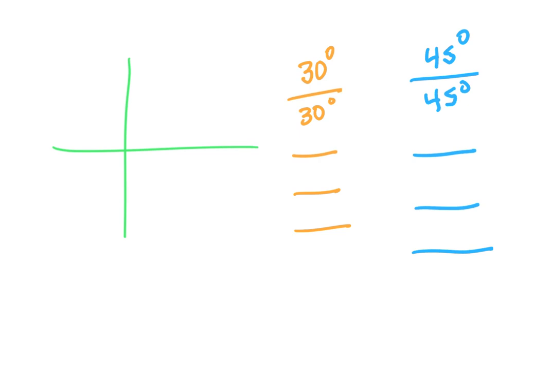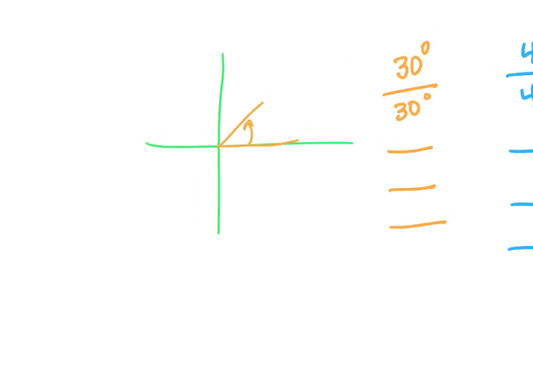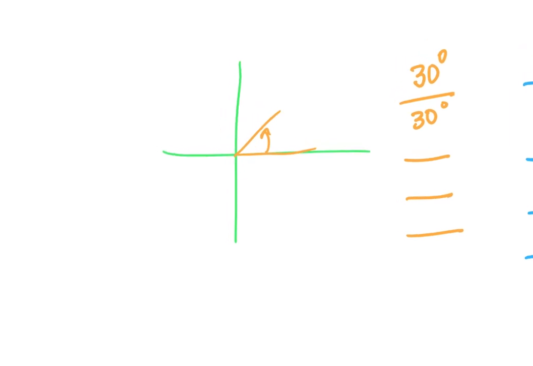So our 30-degree reference angle in quadrant 1 is just 30 degrees, right? We rotate up to 30 degrees. If you think about what the 30-degree reference angle in quadrant 2 would look like, it means we're at this particular place, but we're going back 30 degrees in order to draw that triangle so that this is 30 degrees.